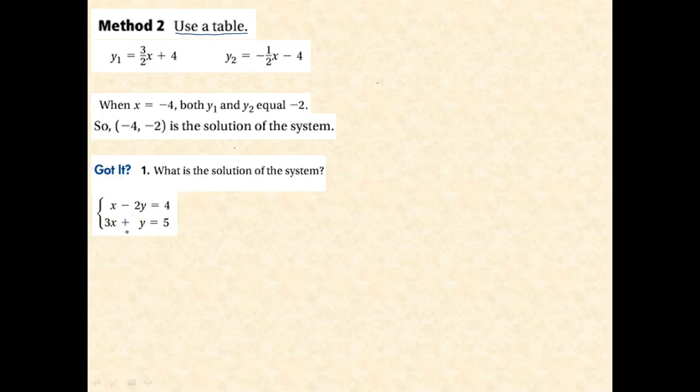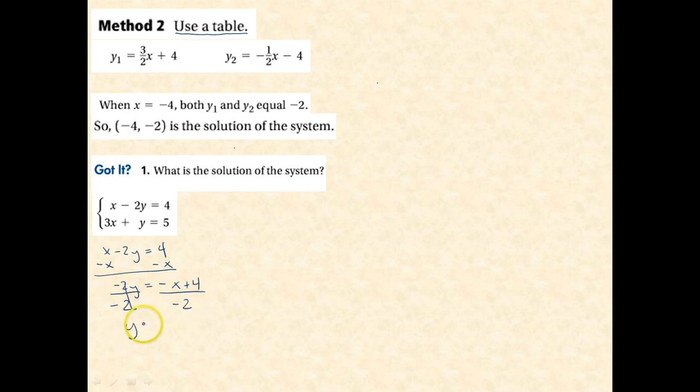First of all, I need to get both of these in slope-intercept form. So if I've got x minus 2y equals 4, I can subtract x from both sides. I get negative 2y equals negative x plus 4. Divide both sides by negative 2 to get y by itself.